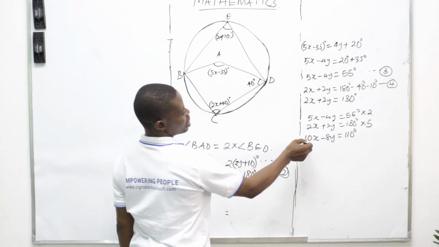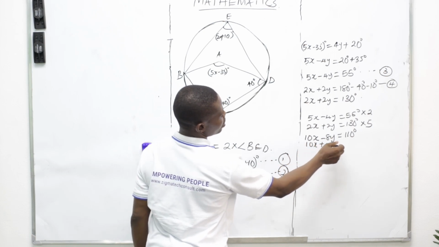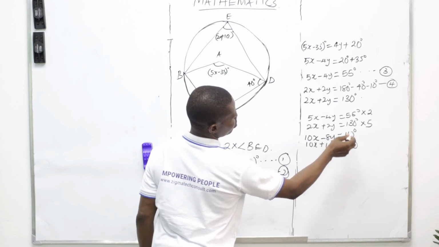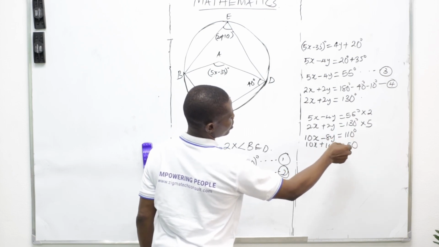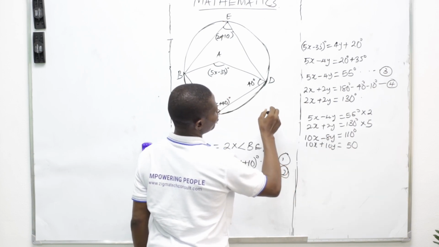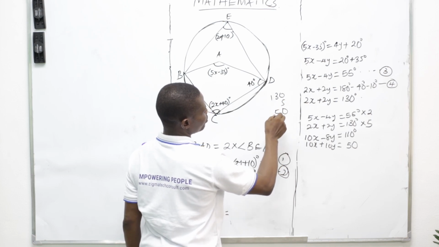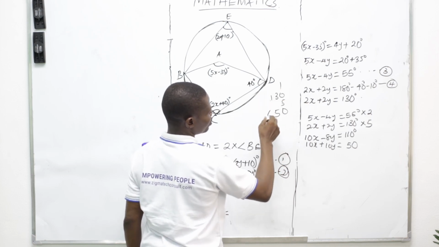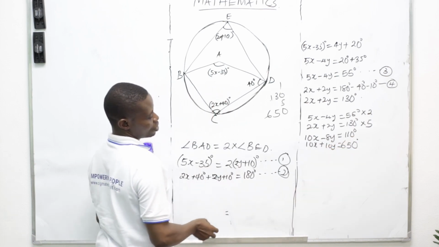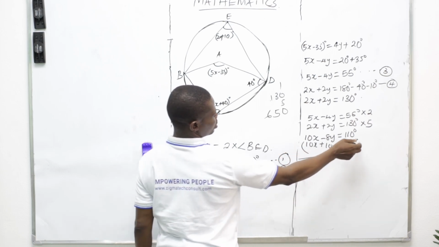Then 10x plus 10y equals 130 times 5, which is 650 degrees. So by the elimination method, introduce a minus sign.